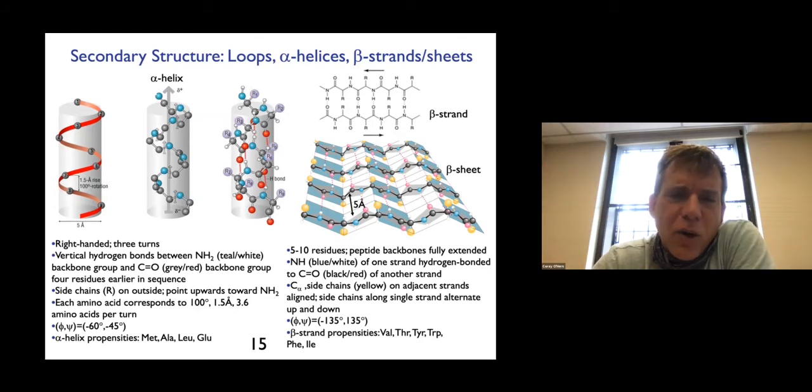And so that's how we know in detail about the structure. In the cases of high resolution structures, we know basically the positions of the atoms in many cases to 1 angstrom resolution or better. And when we know that, we basically know the structure of the protein.